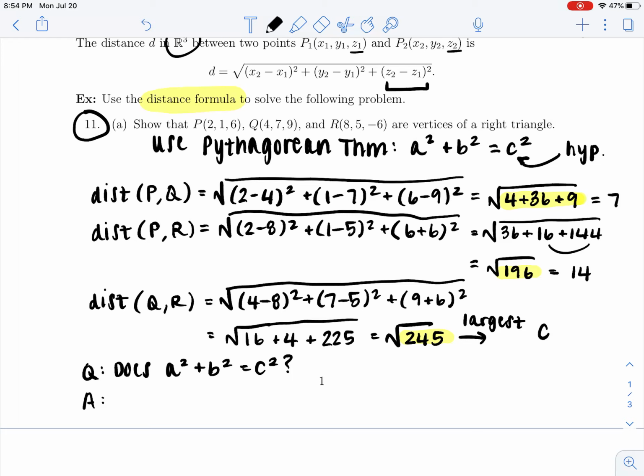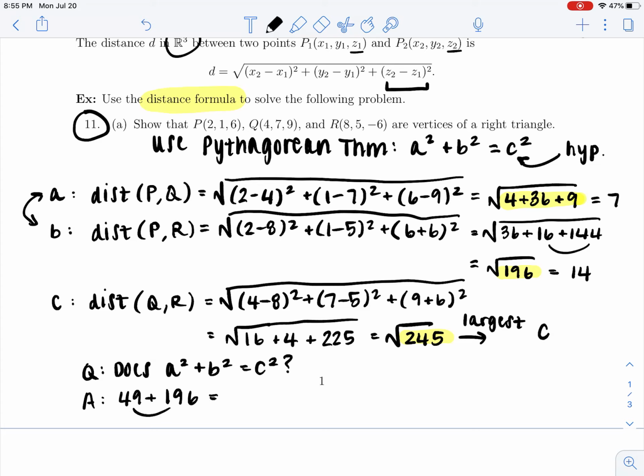And so let's answer our question. I will just arbitrarily choose the first one to be A and the second one to be B, but you could flip-flop these if you want. They're just the two legs. It doesn't matter which one's which. And then, of course, the longest one has to be C. So A squared plus B squared would be 49 plus 196.